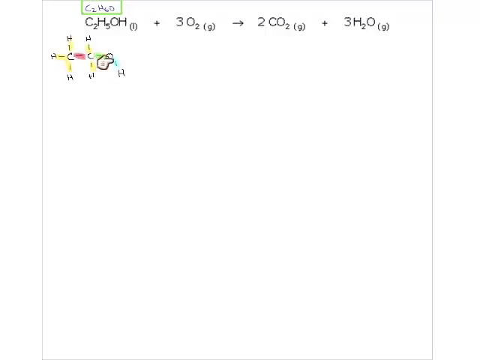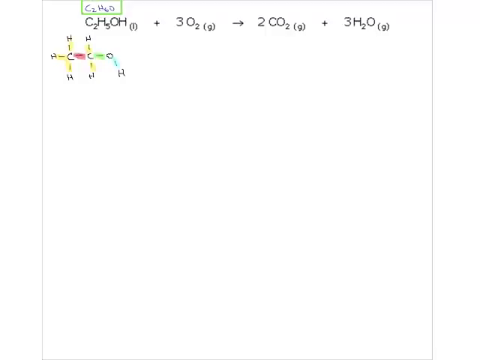So when we look at this, we're simply counting the numbers and types of bonds. I've got 5 CH bonds. I've got 1 carbon-carbon bond. A lot of people forget about the carbon-carbon bond when they do these questions. For some reason, they just take the things on the outside. But no, there's 1 carbon-carbon bond here. There's a CO single bond, and there's an OH single bond.